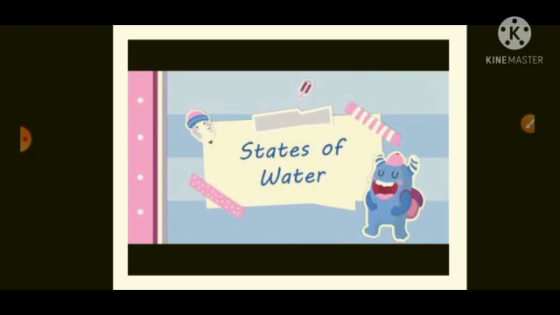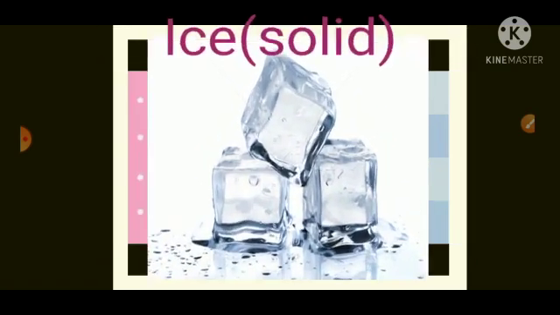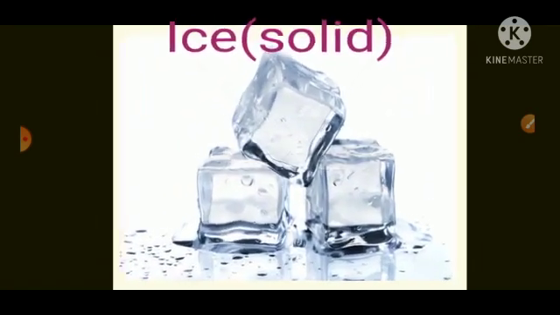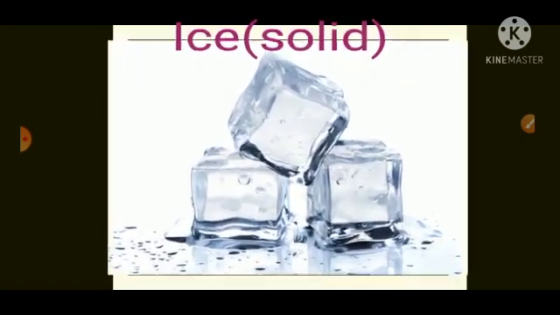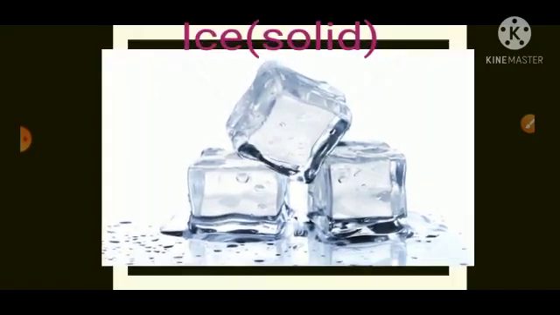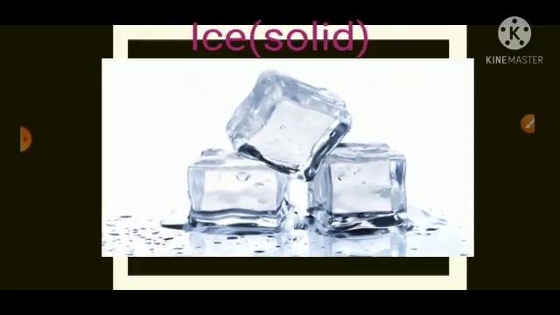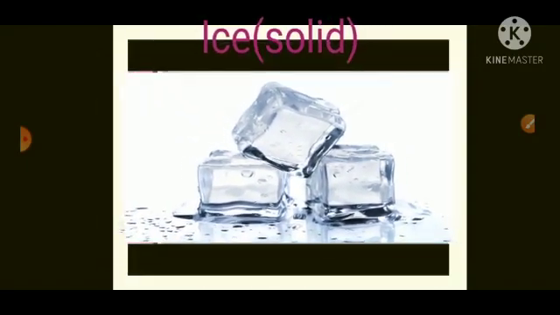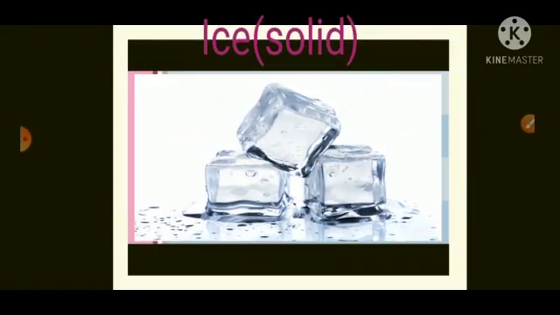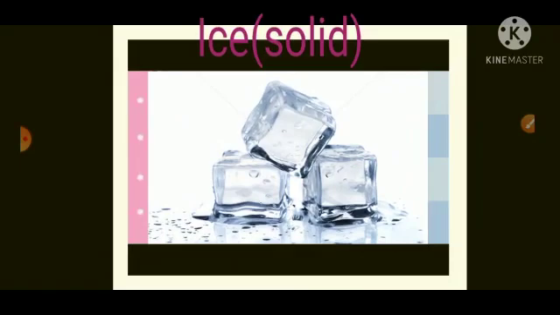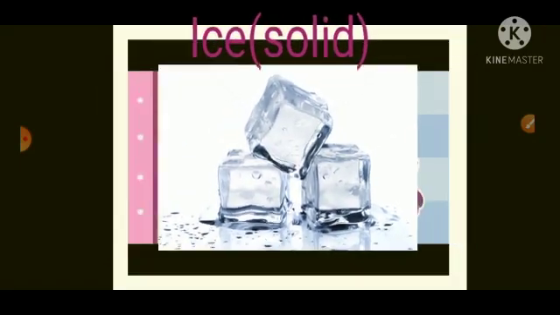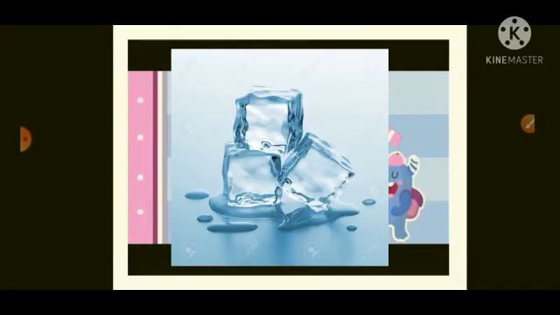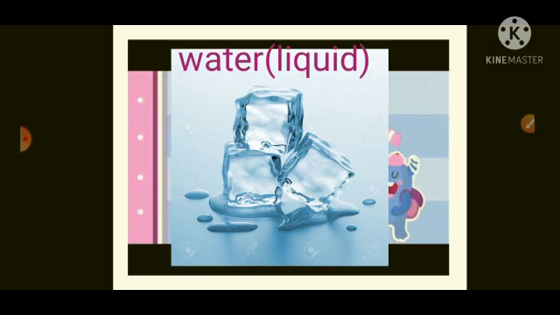when I take ice cubes. Listen here children. For example, when I take one ice cube. Ice is a solid state. If it is kept out at room temperature or is heated, it turns into water. Means liquid state.